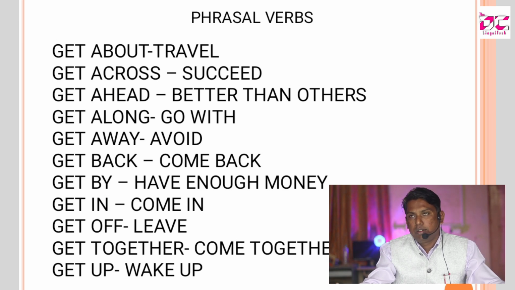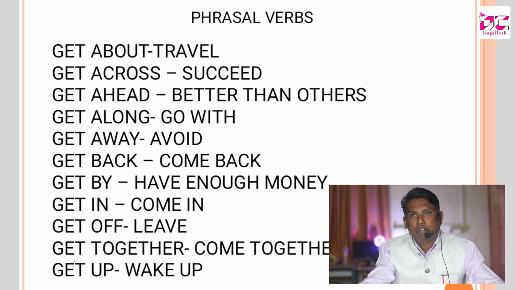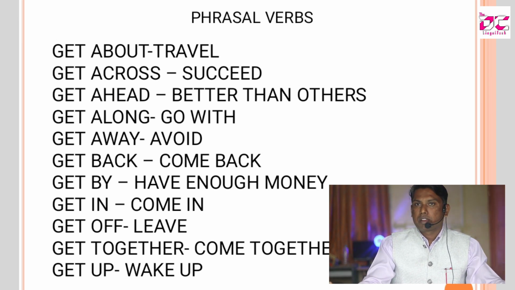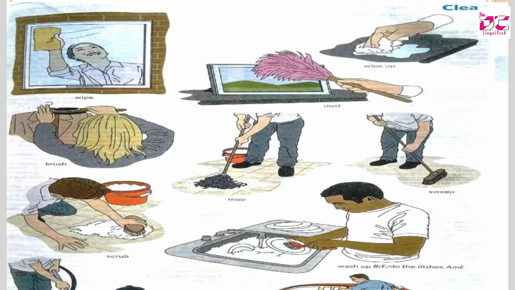Get off, to leave. Get together, come together. Get up is wake up. These are the phrasal verbs. They decide the meaning of the verb with the prepositions. The meaning is not decided by the verb alone; phrasal verbs are decided by the verb as well as the prepositions.